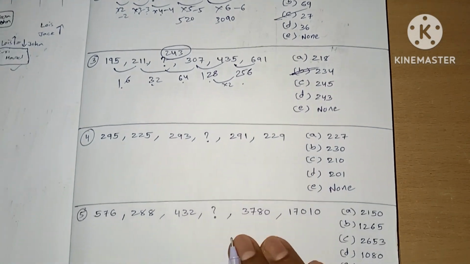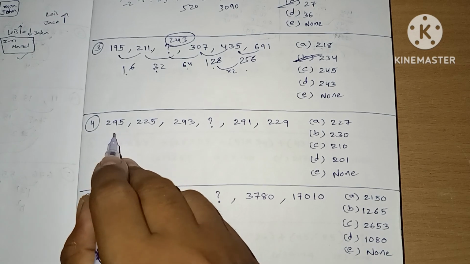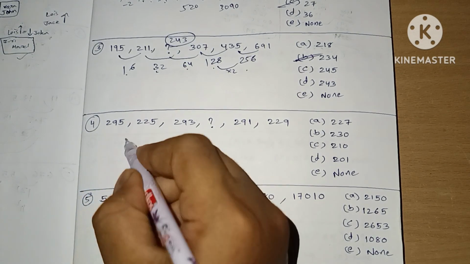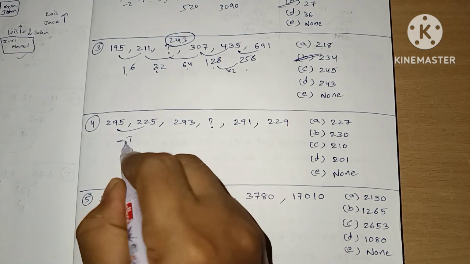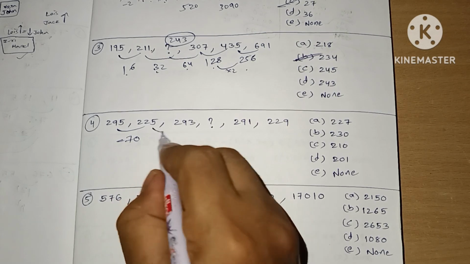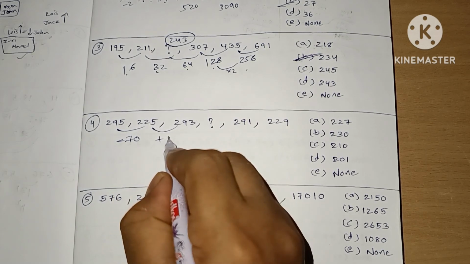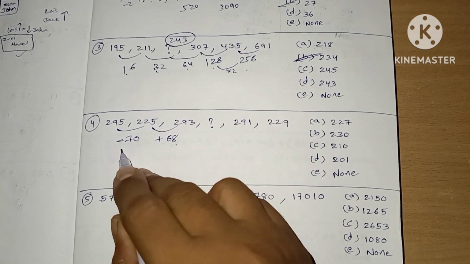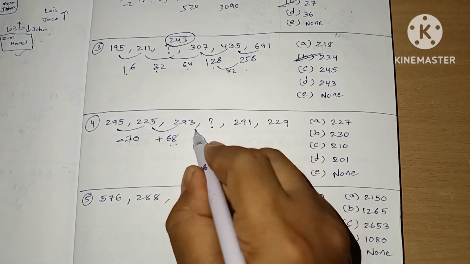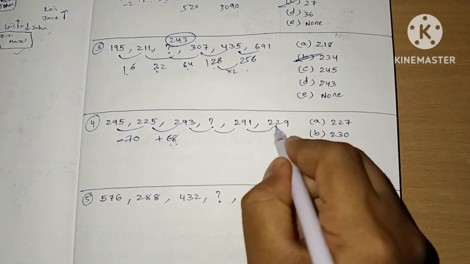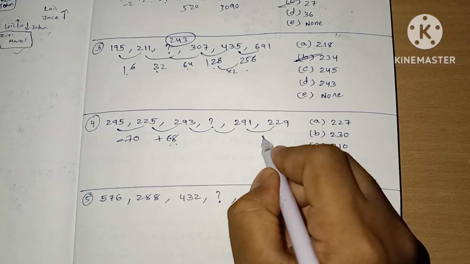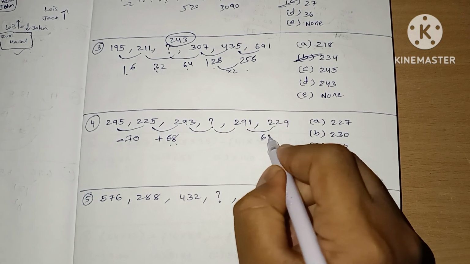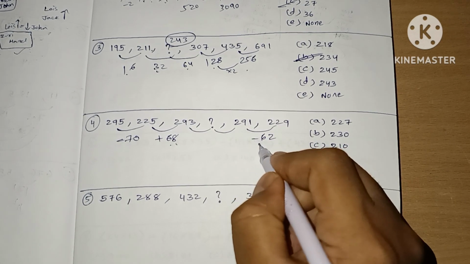Next one, fourth one. Here the differences are very low, so we'll go with the differences. Here the difference is 70 minus 70. Here the difference is plus 68. I know these numbers. Let's see further differences also. Here the difference is 62 minus 62.